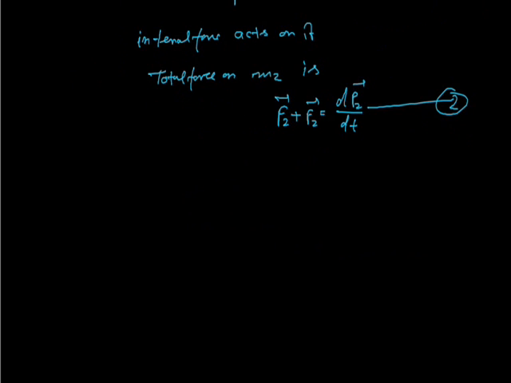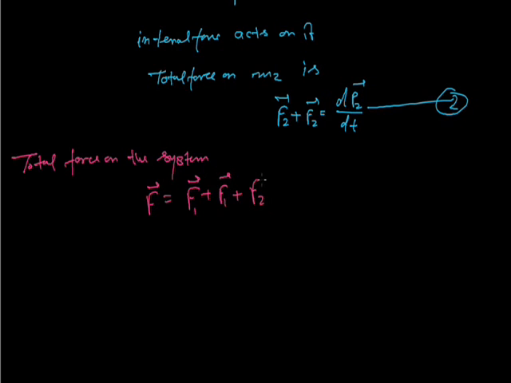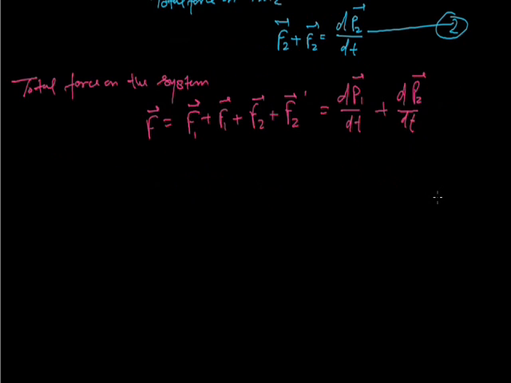So the total force on the system, F vector, will be equal to F1 plus F1 dash plus F2 vector plus F2 dash, which is equal to dP1 vector by dt plus dP2 vector by dt.